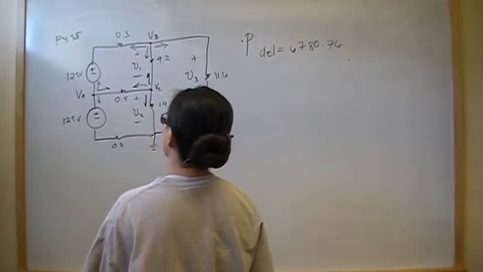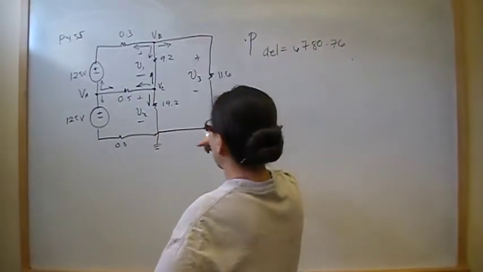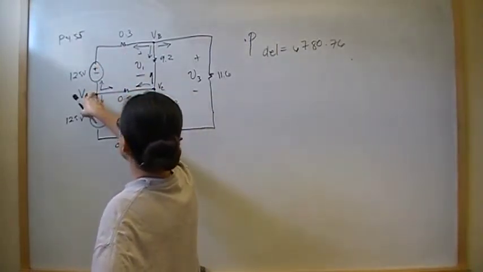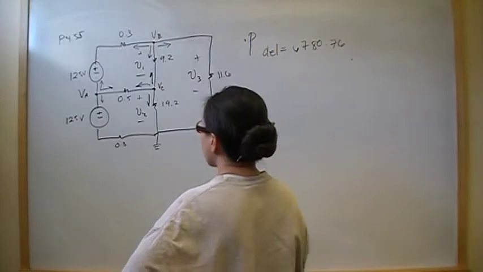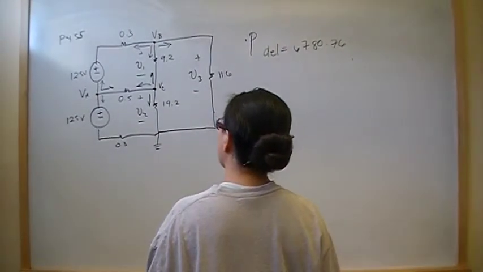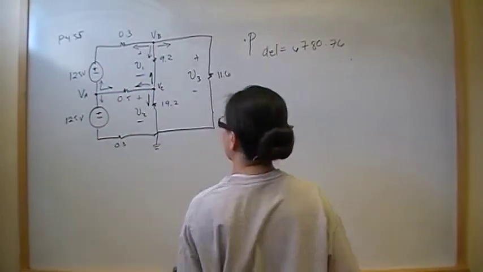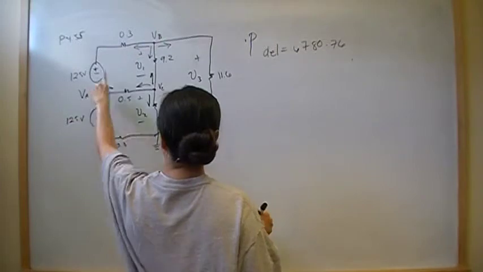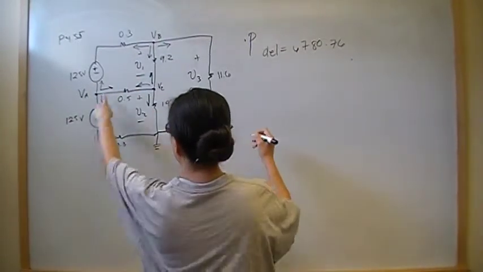The V is just 125. What's the I though? When we did KCL at the node voltage at V1, we had to find that branch current. So let's find that branch current right now.